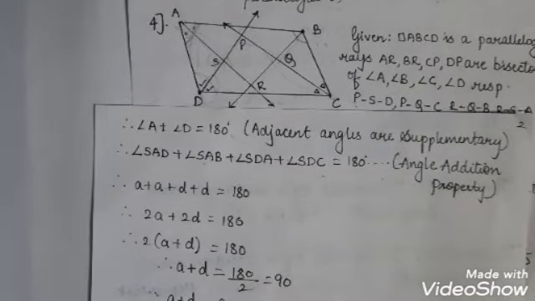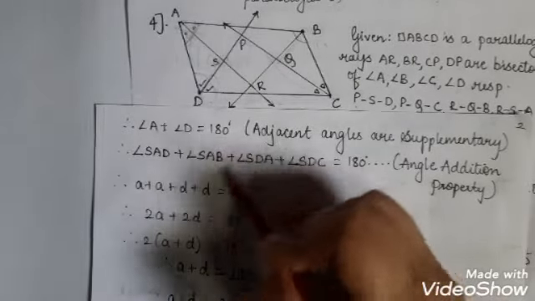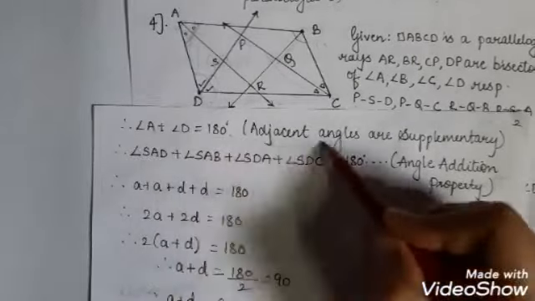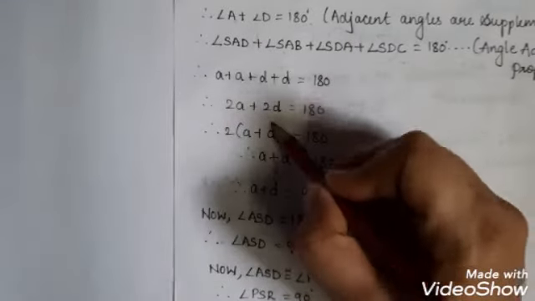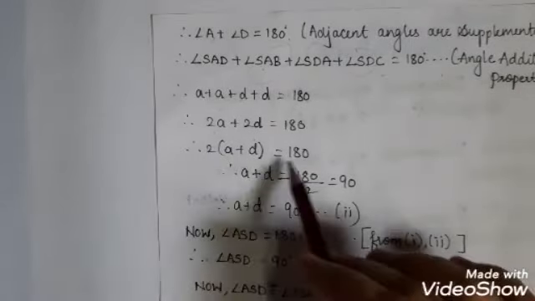That is the angle addition property. So A plus A plus D plus D is equal to 180 degrees, that is 2A plus 2D is 180. Therefore A plus D is 180 upon 2, which is 90 degrees.